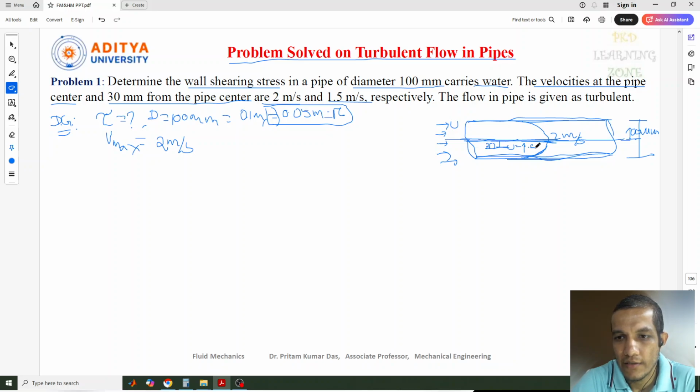So u at 30 mm distance from the center is 1.5 meter per second, and the flow type is turbulent here. Now we need to calculate this tau.